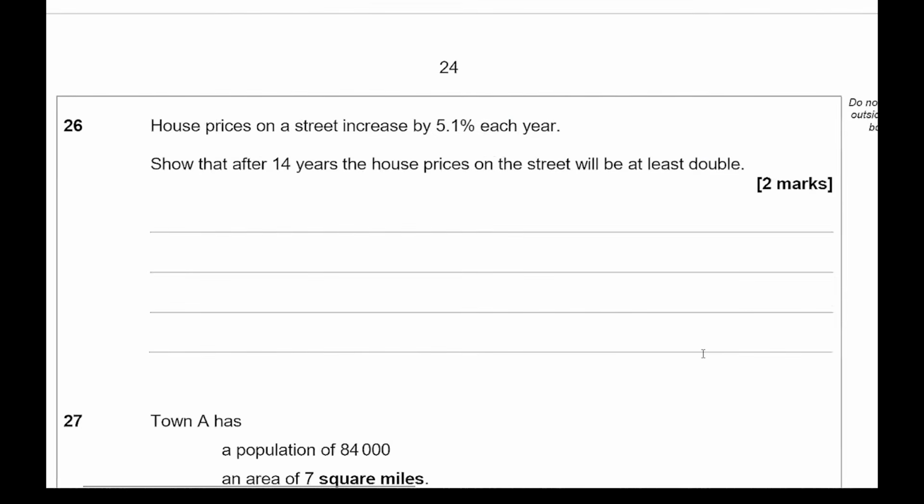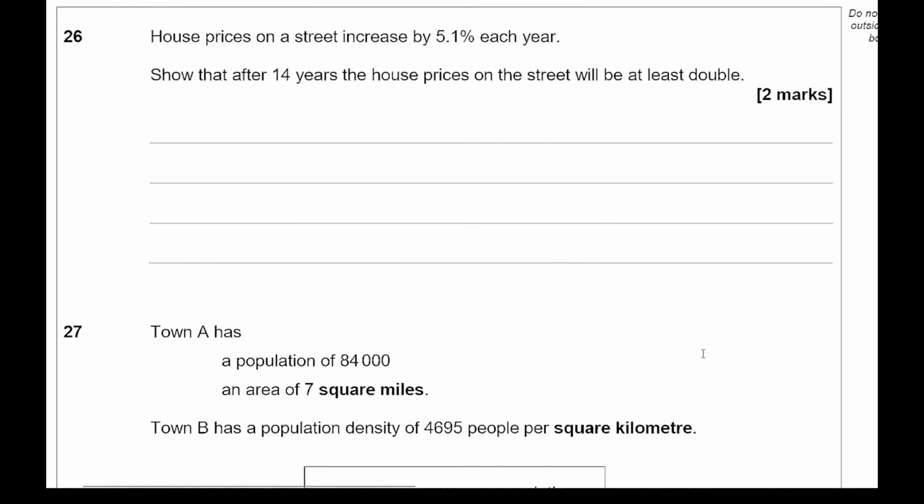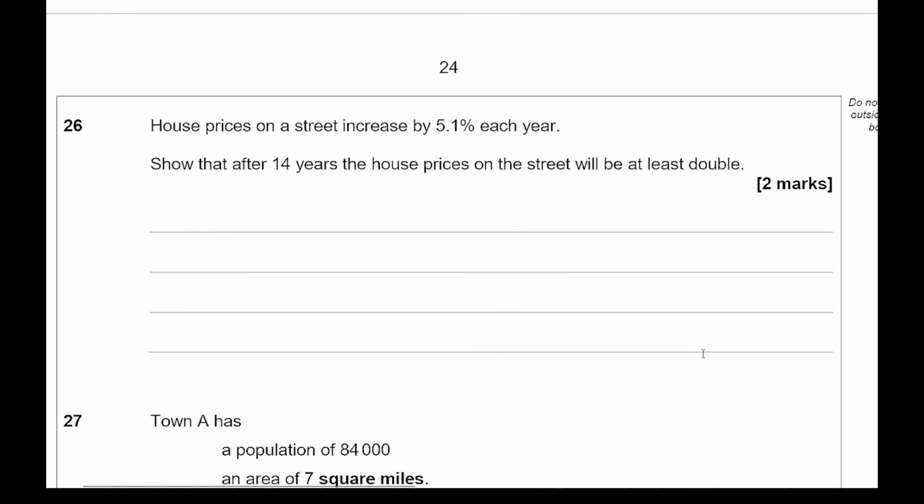Moving on to question 26, it says that a house price on a street increases by 5.1% each year. Show that after 14 years the house price on the street at least doubles. So for this, there's a couple of ways in which we can do this. Now, this is a compound interest question. To increase by 5.1%, that's going to be 100% plus 5.1%, which is 105.1%.